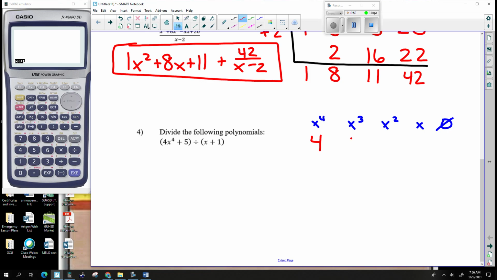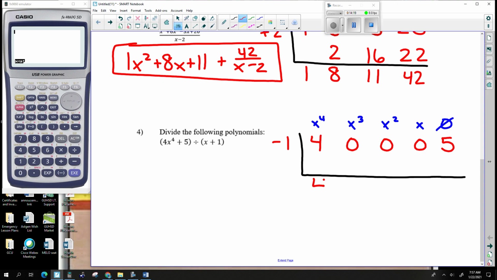So I have 0, 0, 0, and 5 in this particular case, because I don't have an x to the third, an x squared, or an x. I have an x to the fourth, and I have a normal number, but I don't have any of those others. So those things are represented by a 0. I'm dividing by x plus 1, so that means a minus 1 goes on the outside.